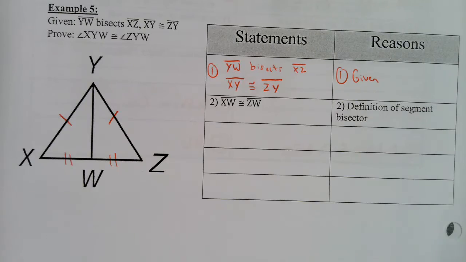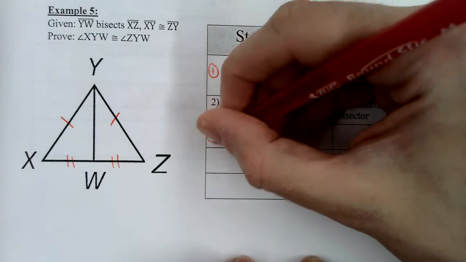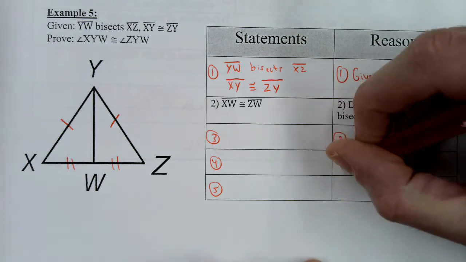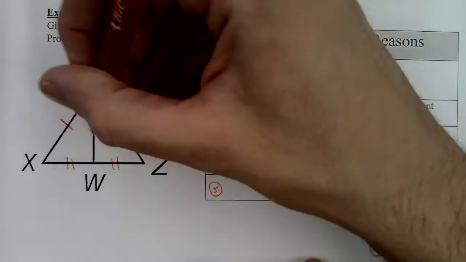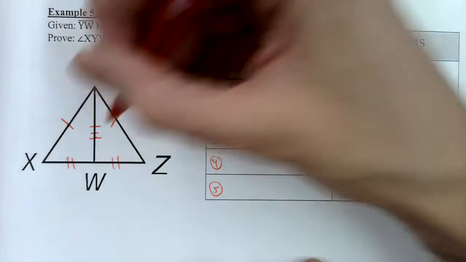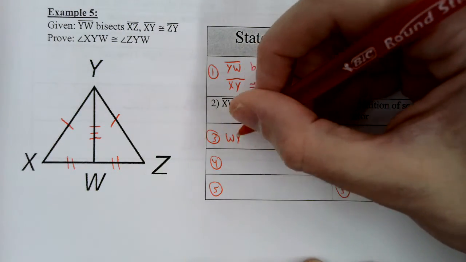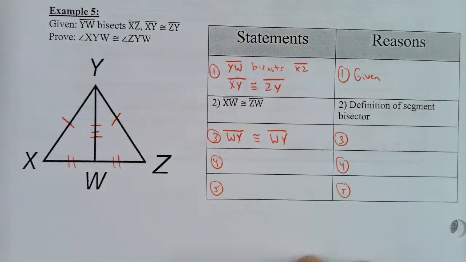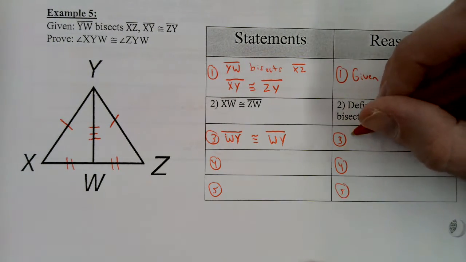But in order to use CPCTC, we have to first prove that the two triangles are congruent. So right now, I'm trying to prove that the two triangles are congruent. And I'm going to use the reflexive property of congruence next to say that WY is congruent to WY. Reflexive property of congruence.